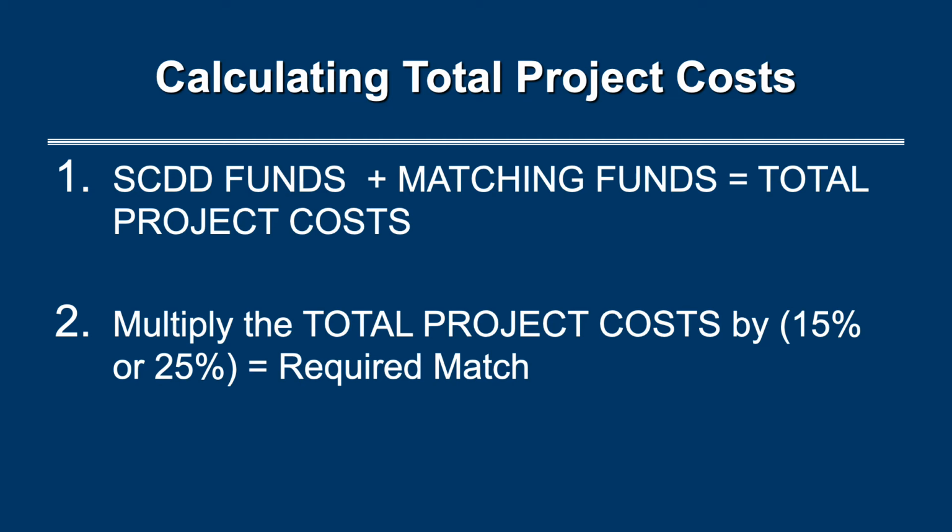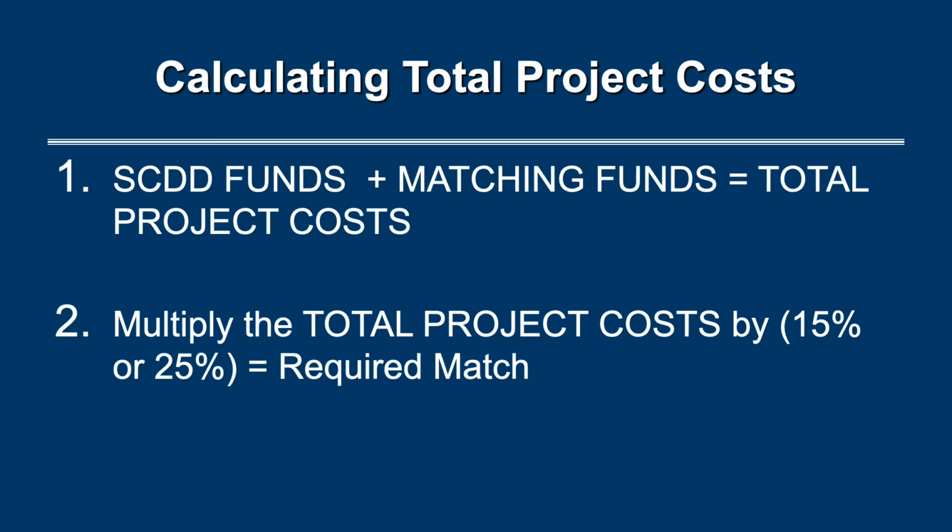To check if you provided the correct amount of matching funds, you multiply the total project costs by your required 15 or 25%. The result should equal the amount of dollars you had listed as matching funds.